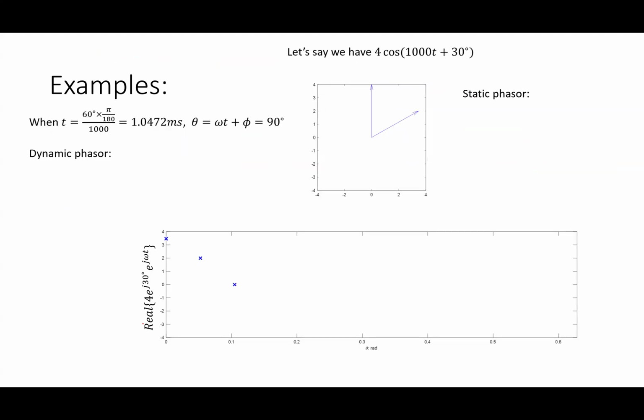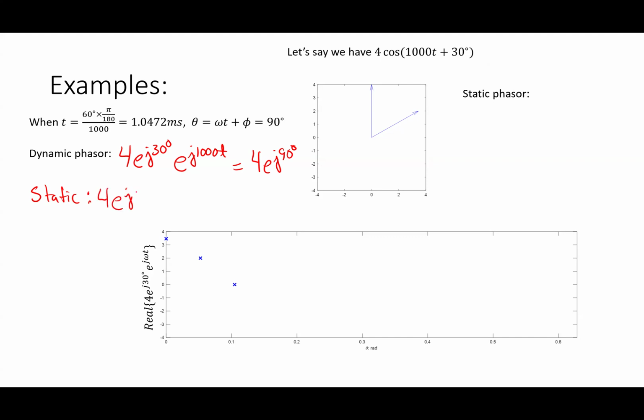What happens when theta is equal to 90 degrees? Well, as always, I have the dynamic phasor as 4e^(j30 degrees) times e^(j1000t). So at that particular point in time, this becomes 4e^(j90 degrees), like that. What's the static phasor always? 4e^(j30).